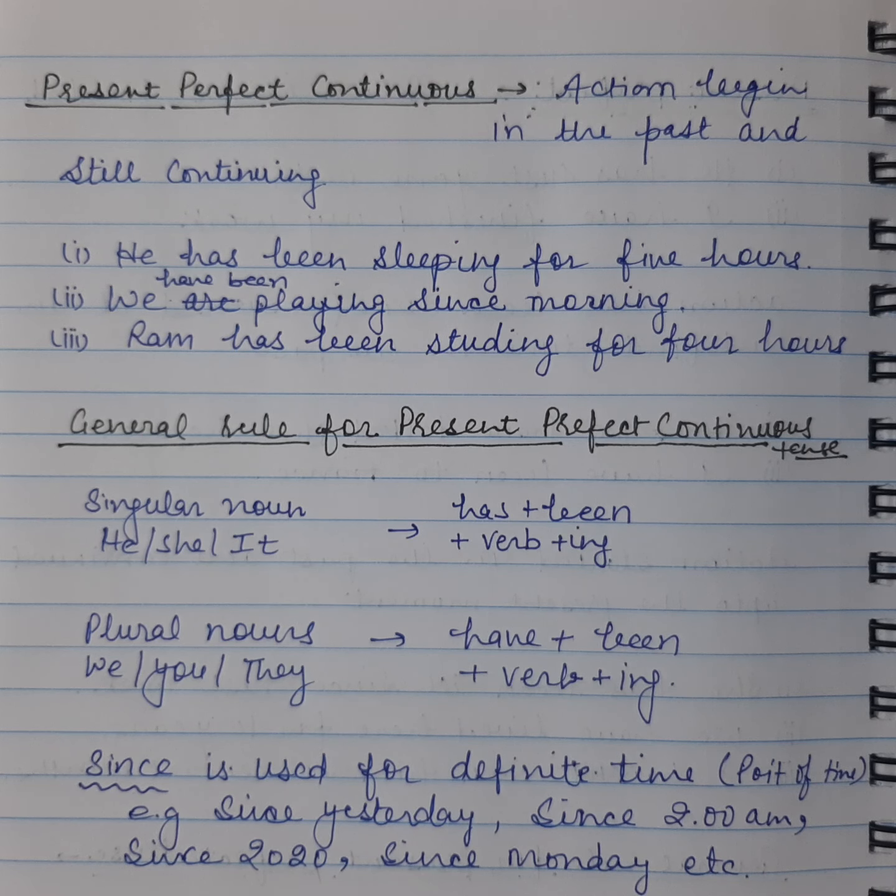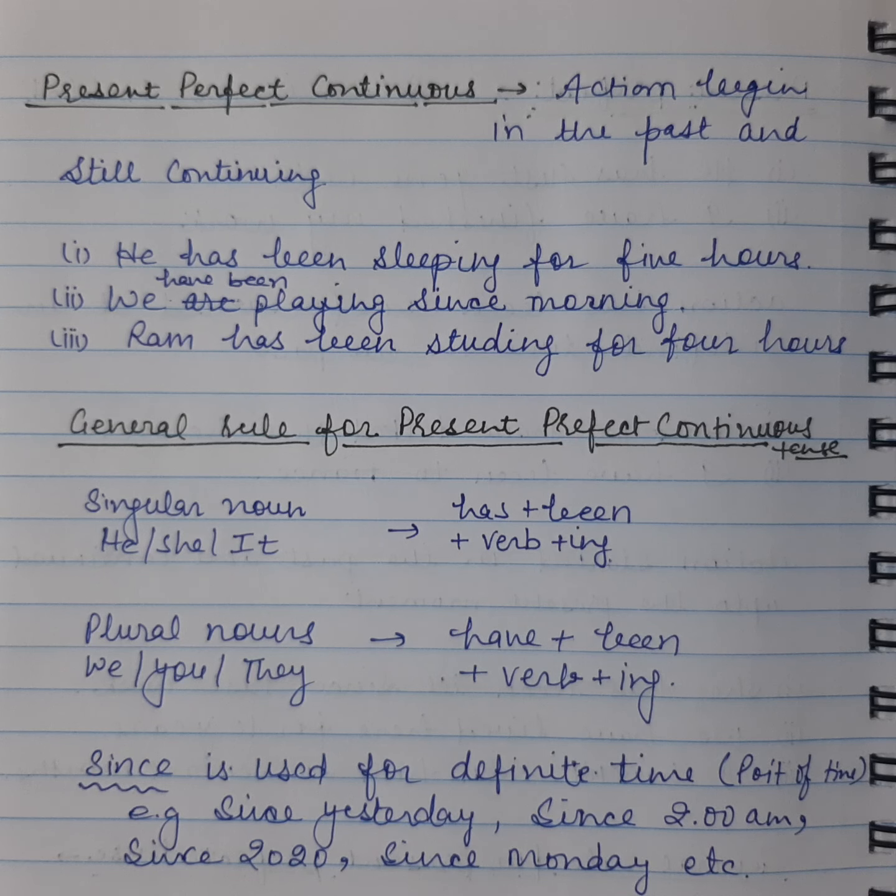Whenever we have actions or work which began in the past and are still continuing, we use present perfect continuous tense. Let's discuss the general rules.